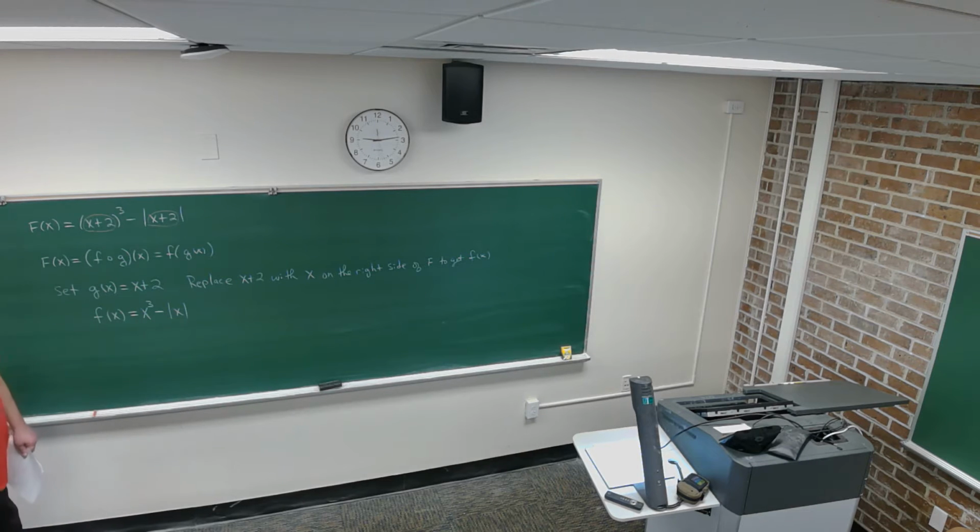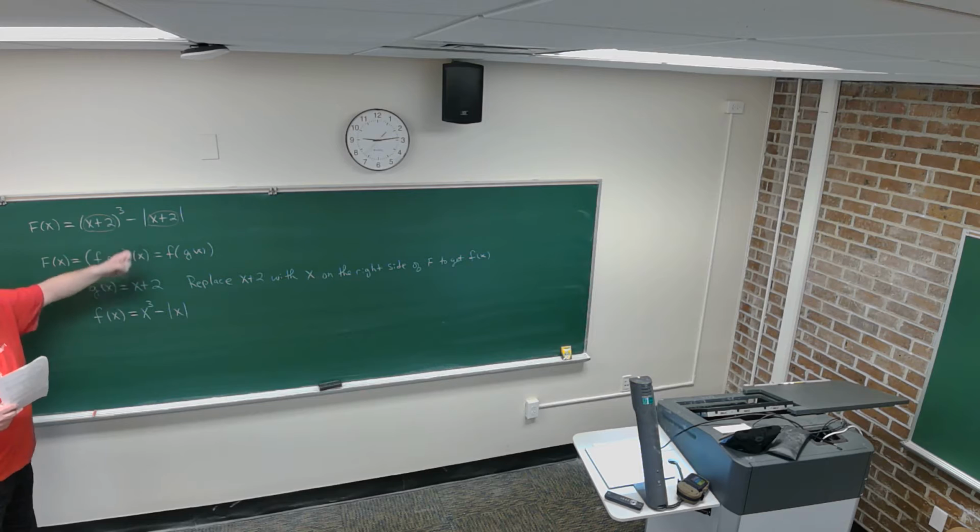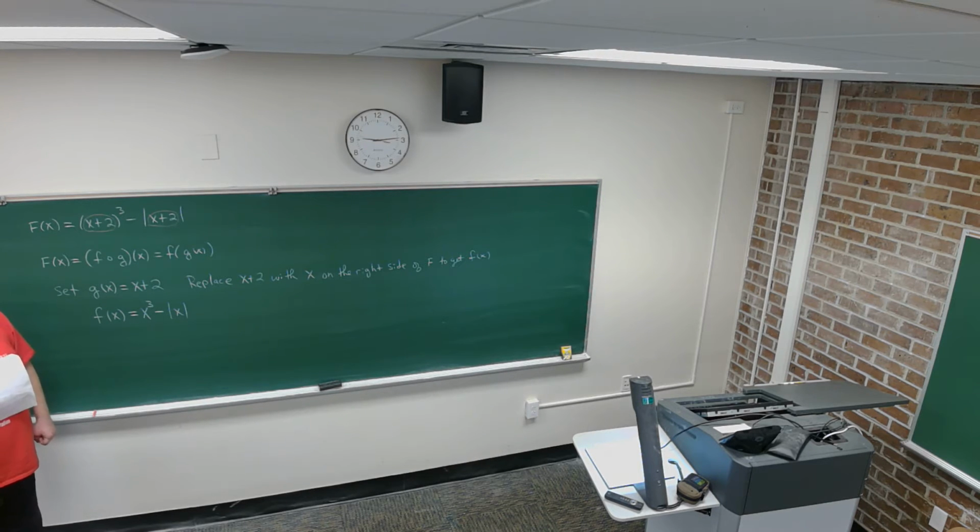Okay. So you have to see the algebraic expression that you can call the inner function g of x, and then replace that algebraic expression with just x. And what you have left over is the outer function, little f of x.